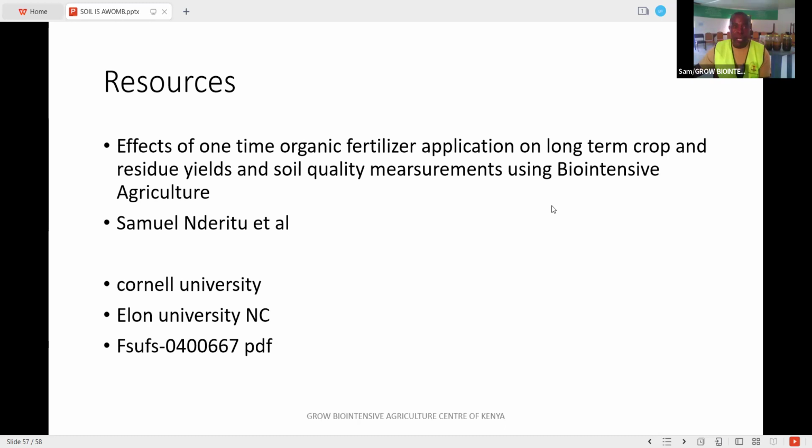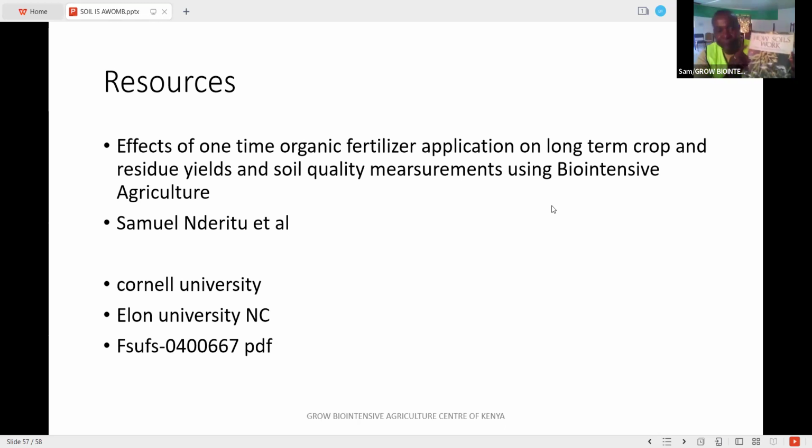Number two, you need to read. You have to read books. If you want to become a soil scientist, then you have to read. There's one book here called How Soils Work, by Paul. You can look at that.